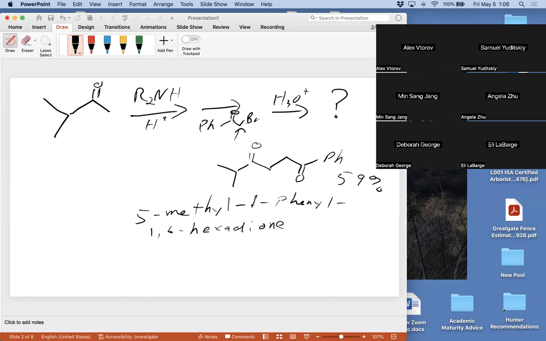So enamines. Hi, it's Genesis. Can you draw what happens after step 2? Just the product. You don't have to actually draw the mechanism or anything like that.